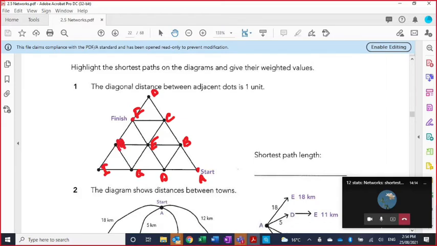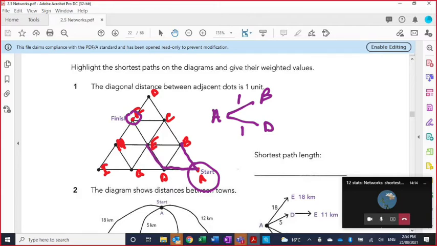Then you can just follow the pathways. So again, our start here is at A. So we'll put a starting point at A. From A, I can either go to B or I can go to D. And you could put the values in there, but it really doesn't matter because in this case they're all ones, but we'll make it a little easier later. Now I'm trying to get to my finish.